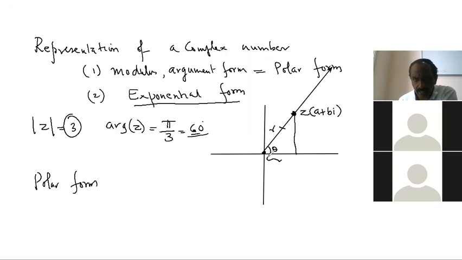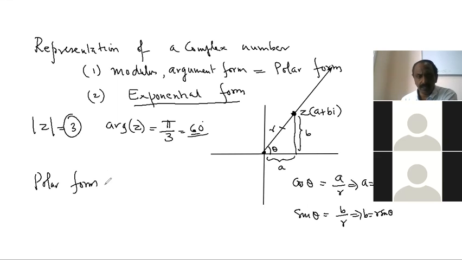Then this is A and this is B. So I can say cos theta is equal to adjacent side upon hypotenuse. Sin theta is equal to opposite side upon hypotenuse. So A is equal to R cos theta and B is equal to R sin theta.